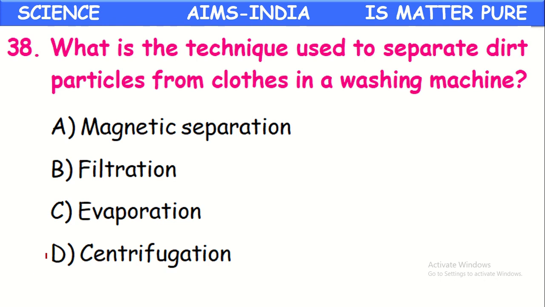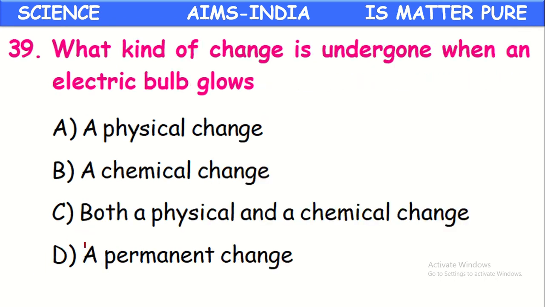The process is called centrifugation. What kind of change is undergone when an electric bulb glows? When an electric bulb glows, it undergoes only a physical change because there is no change in the chemical composition, and it can even be reversed immediately, isn't it? So it is a physical change.